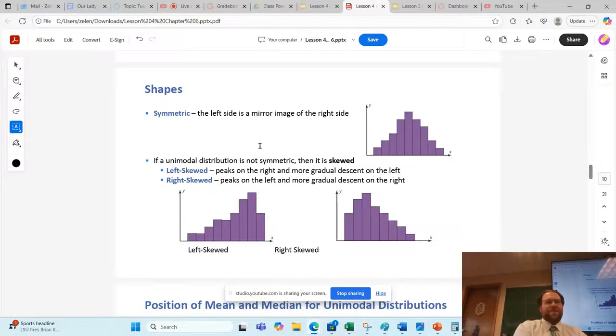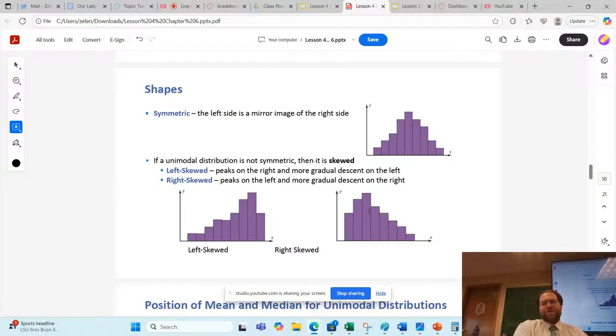Some other shapes that you could have here. If it has an even look to it where the peak is near the center and everything else goes down from there, it's symmetric. But if you have a case where you have a lot of really big values and a long tail going that way, that would be left skewed, because the tail is going to the left here, right?